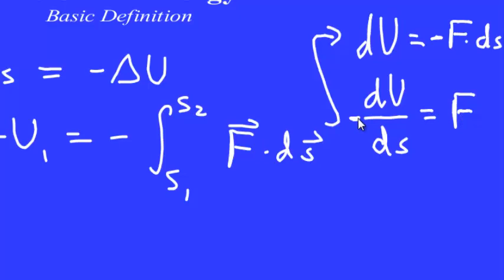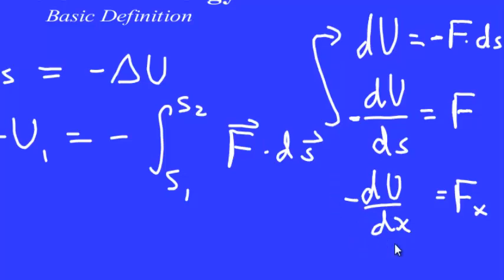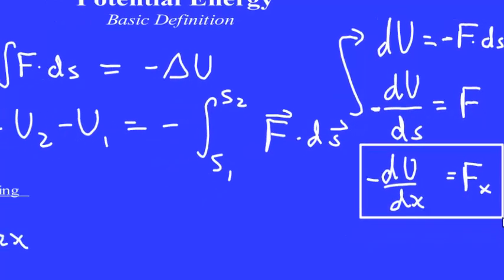Or if you're talking one-dimensionally, we'll use this version more often: the force in the x direction is the negative derivative of the potential energy function with respect to x. You'll find that we actually use that particular version. We're going to come back to this nifty little equation later.